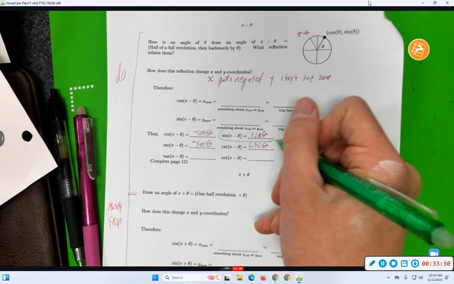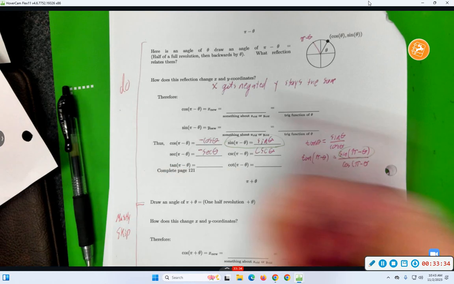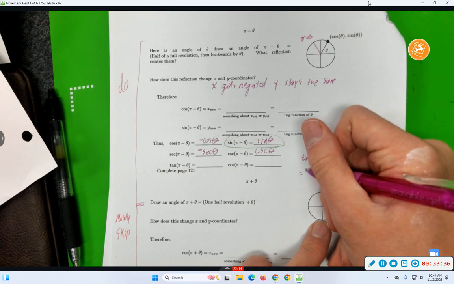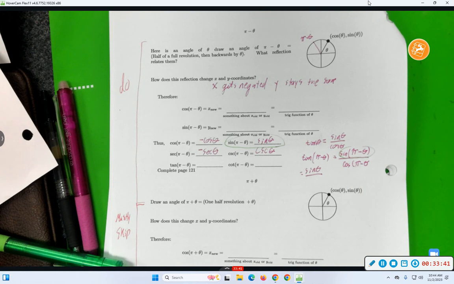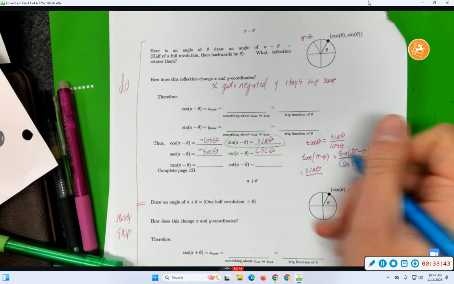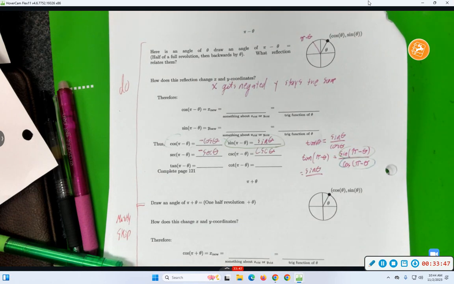I know what sine of pi minus theta is. It's just sine of theta. I know what cosine of pi minus theta is. It is negative cosine of theta.